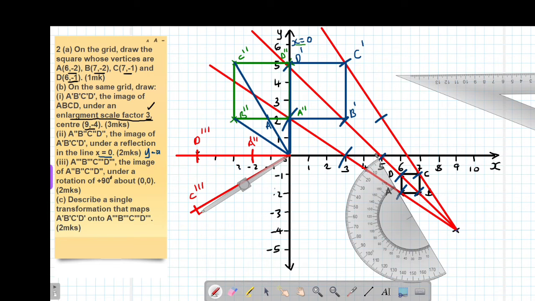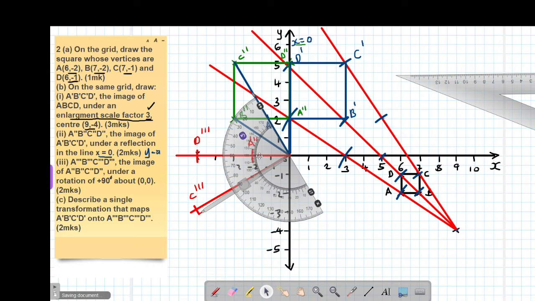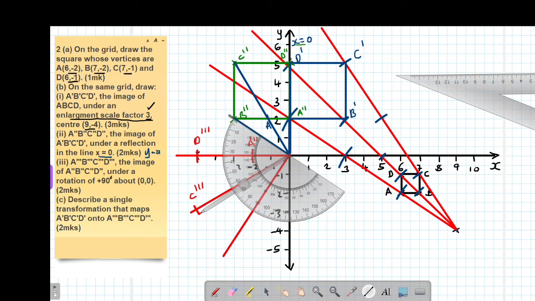Then the remaining point is actually point B. Similarly, I'll take my protractor through the center, then I align it along the line that is going to meet B prime prime. Then where we have 90, I'm going to draw a line from the center through the 90 degrees. So this is where I have the 90 degrees.